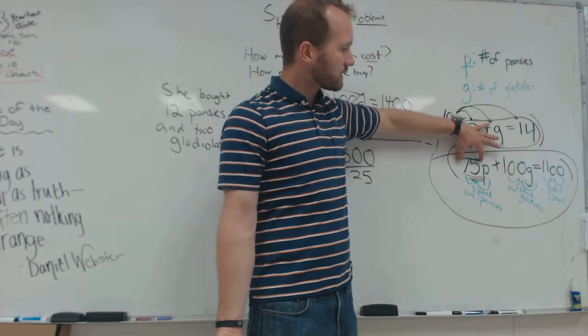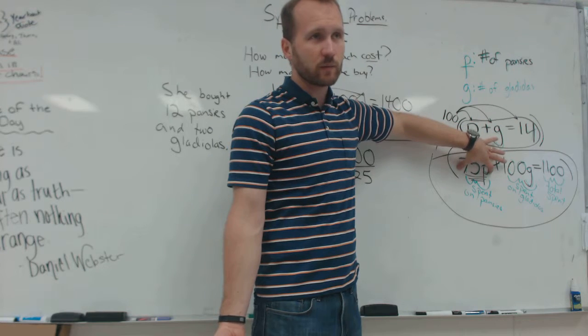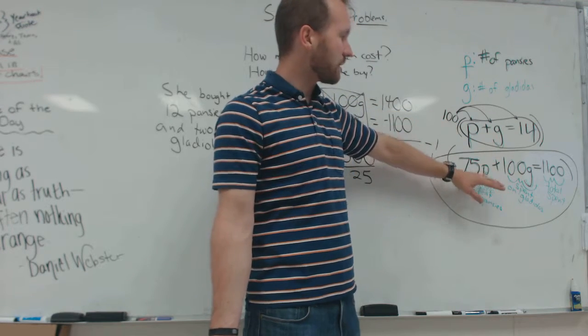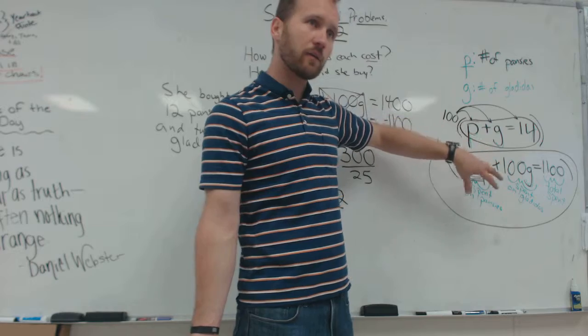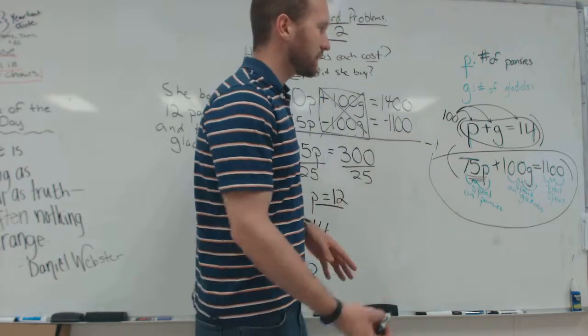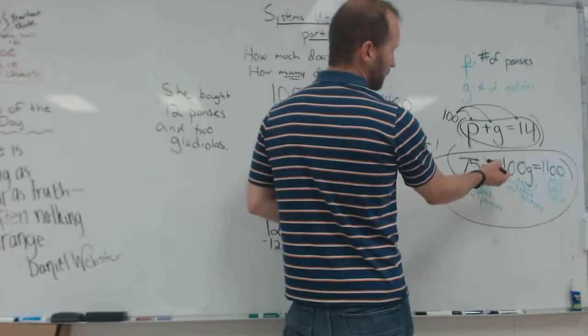So if we take 75 and multiply it times the number of pansies, it will tell us the cost of all of the pansies. This step right here is really the key step.